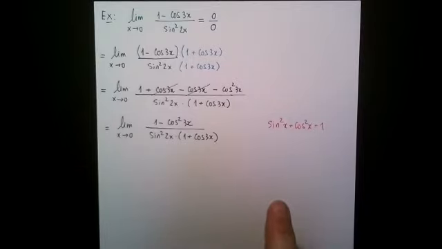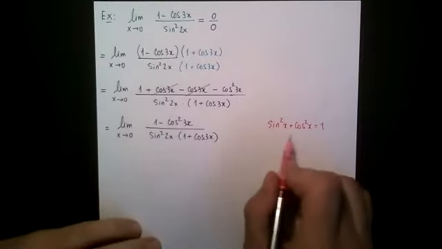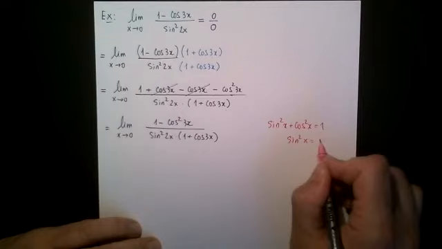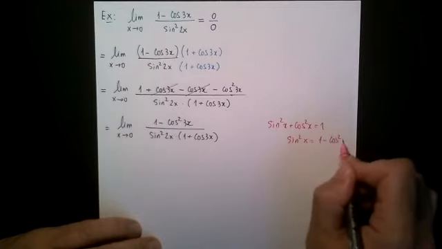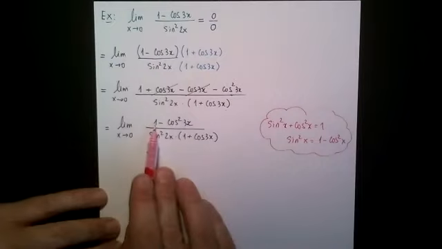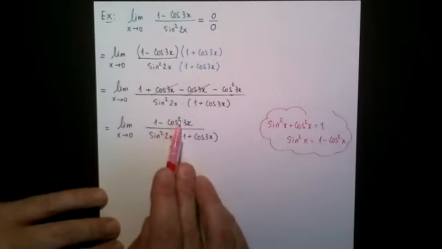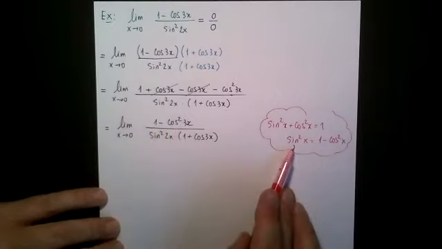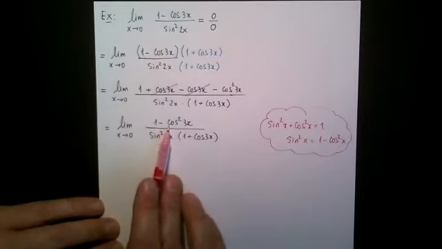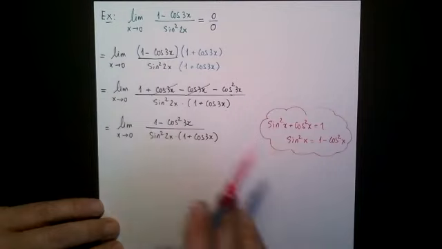We extracted this identity from the unit circle. We did it together. And so if I isolate sine squared x, it is going to be 1 minus cos squared x. Okay, it's very good. Therefore, here I recognize 1 minus cos squared, so this will be sine squared. That was the whole point of multiplying by the conjugate, to get this form so I could have a sine.